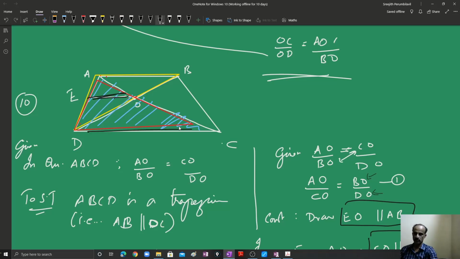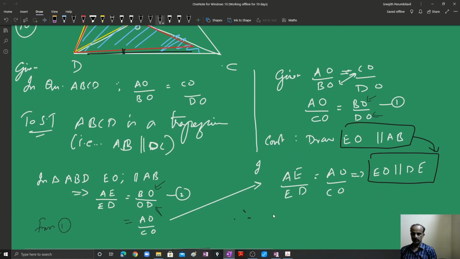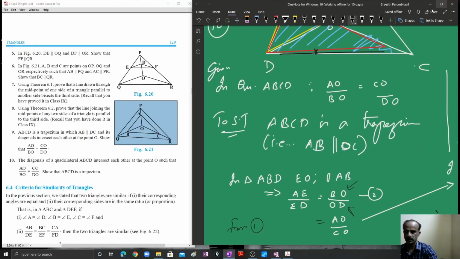So what do you conclude about AB and DC? Therefore AB is parallel to DC. Therefore ABCD is a trapezium. That's question number 10. Okay.